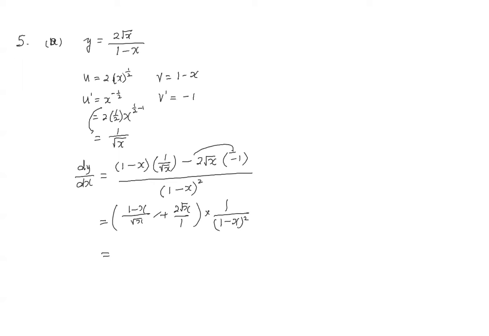So you cross multiply: 1 minus x plus 2x, root x times root x, divided by root x times 1 over 1 minus x squared. Okay, so you got 1 plus x divided by root x, 1 minus x squared. Okay, so that is your part A.